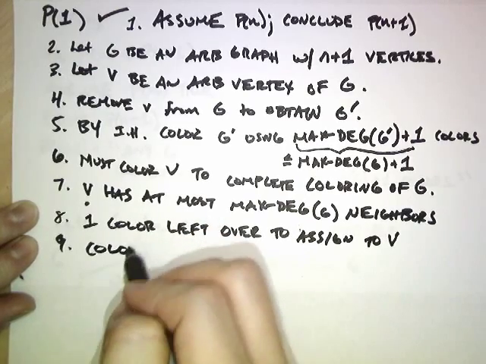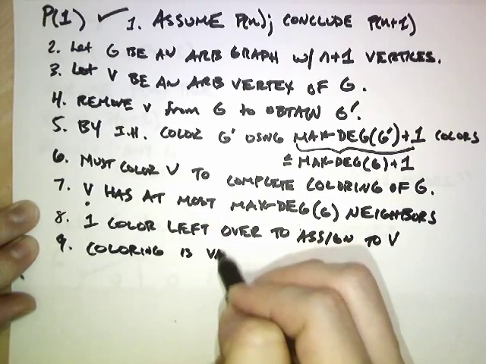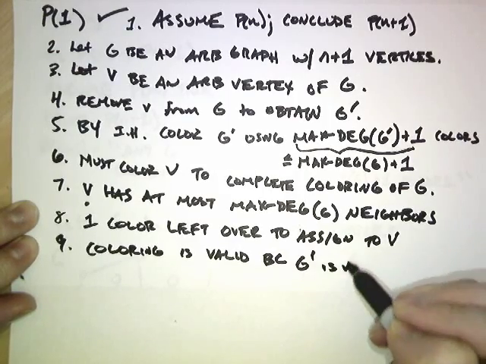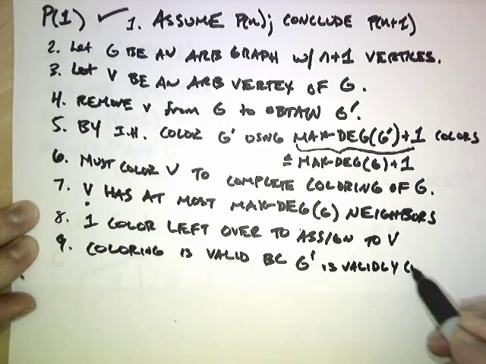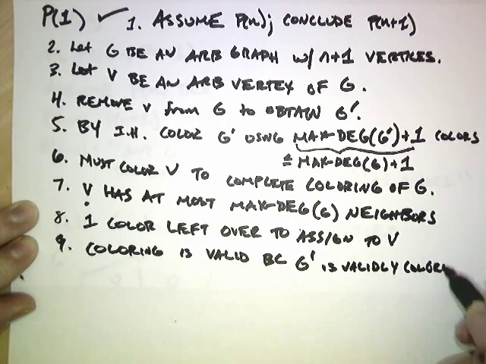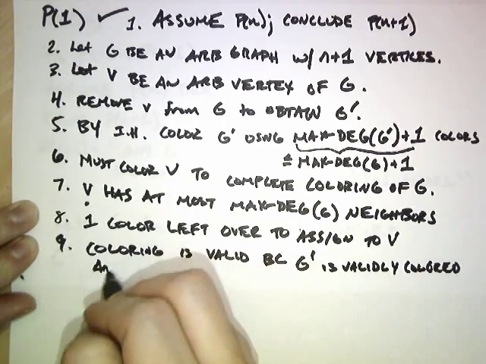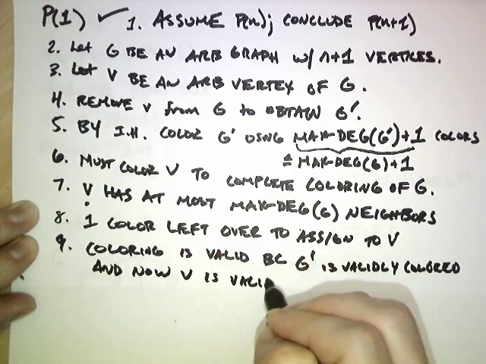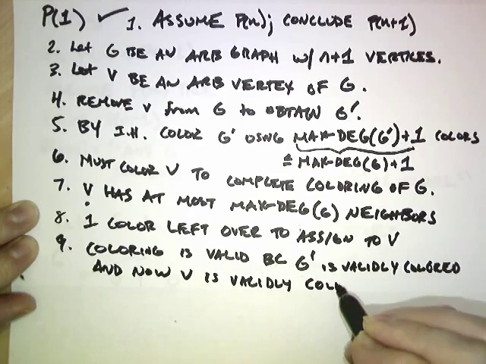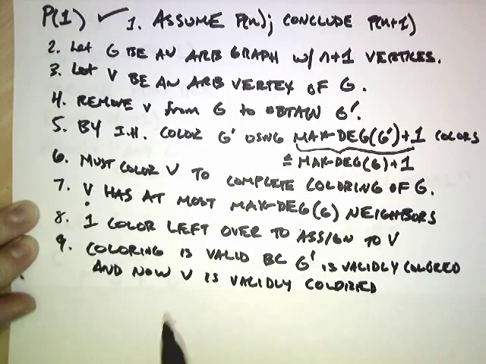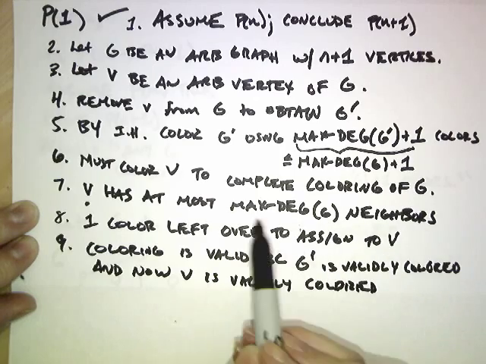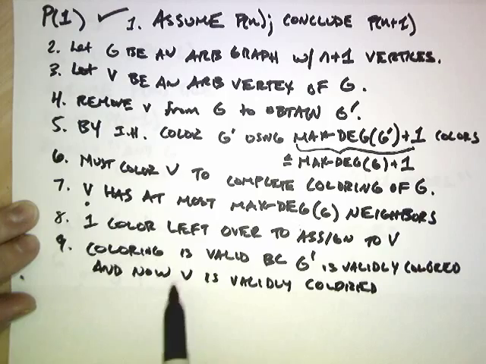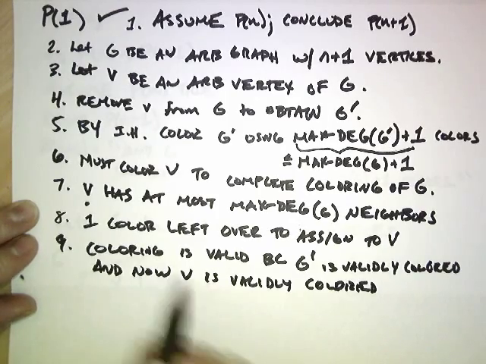The coloring is valid because G prime is validly colored, and now V is validly colored. Why is V validly colored? Well, as I already said, it has at most max degree of G neighbors, so even if they all have different colors, there's still one left over to assign to V to make it a different color than all of its neighbors.